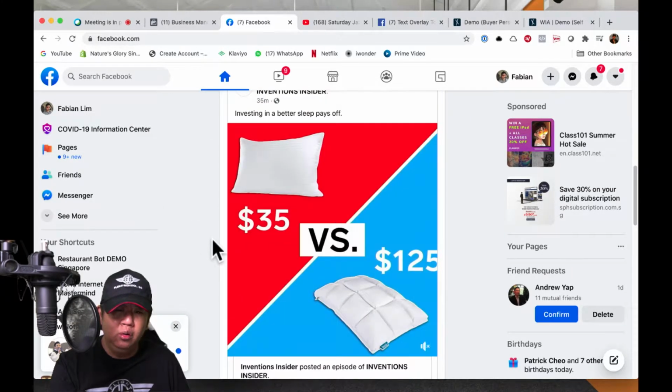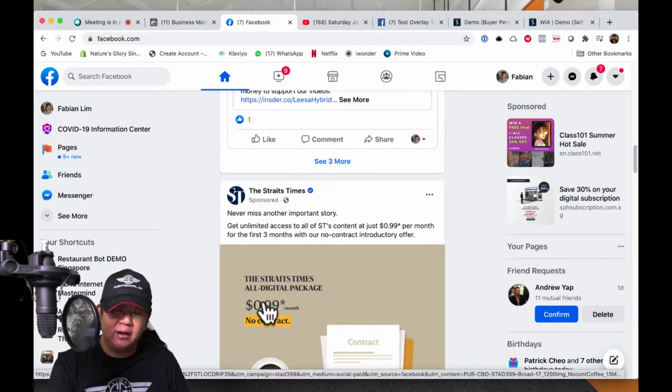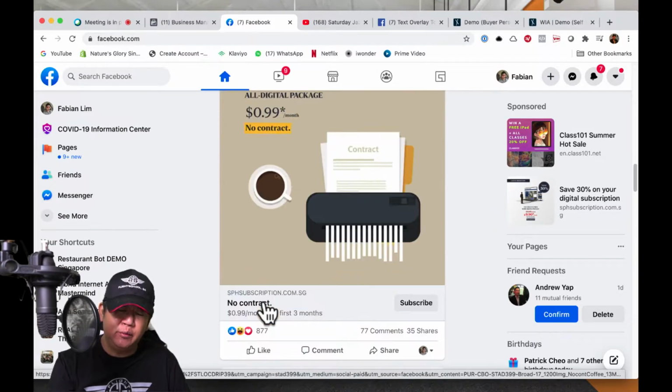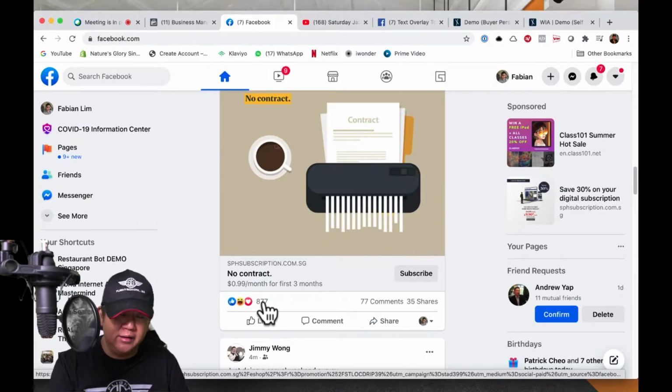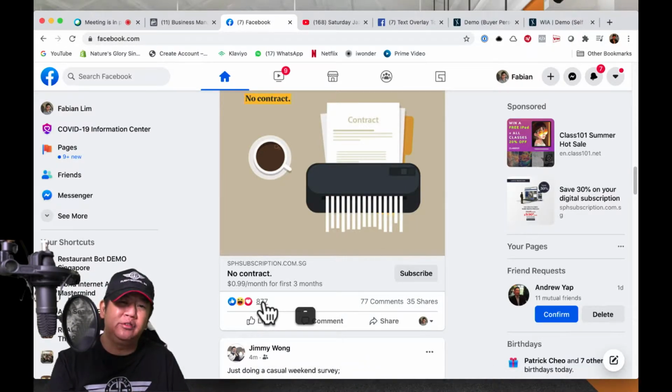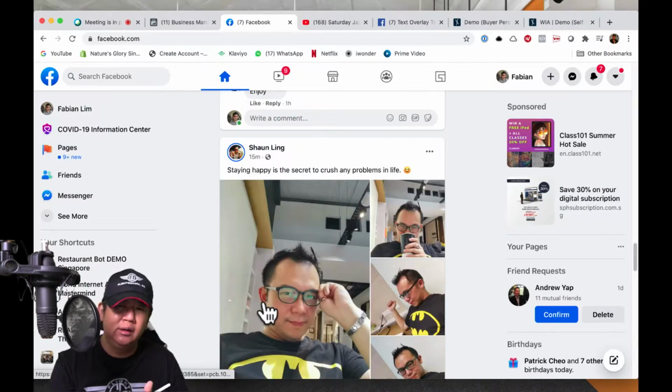I'm going to scroll, and I see a sponsored ad. This ad has been served. This ad will now incur 1 impression. It doesn't matter whether I notice it. It doesn't matter whether I scroll past it. This ad has been rendered. This ad right now would have incurred 1 impression because it appeared on my newsfeed and I went past it. That's 1 impression.